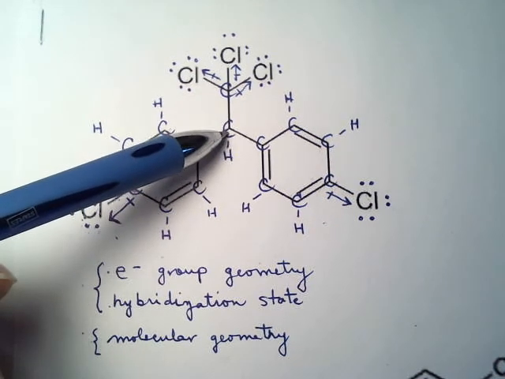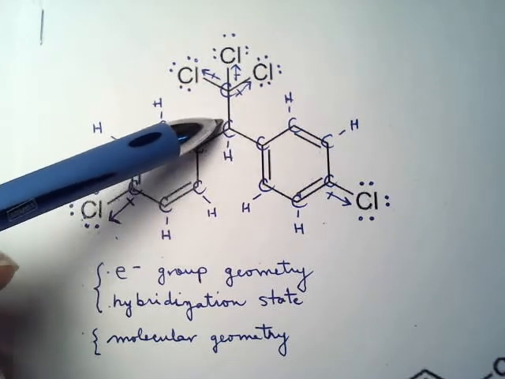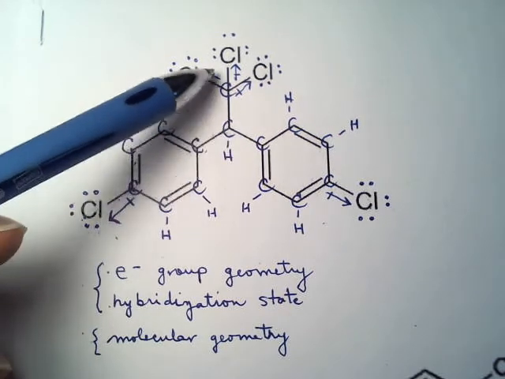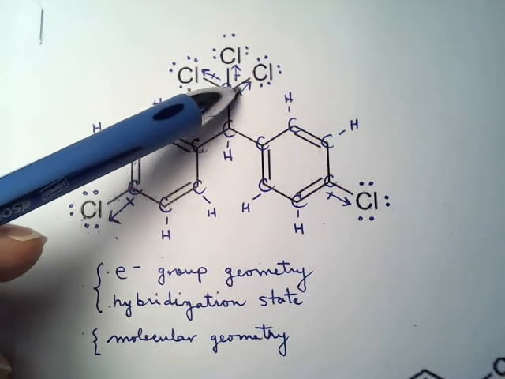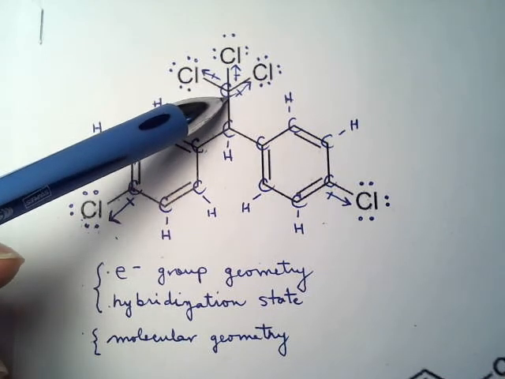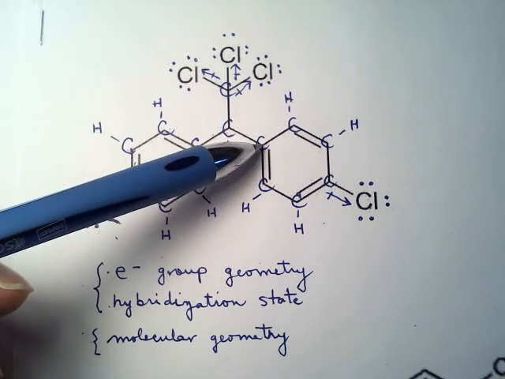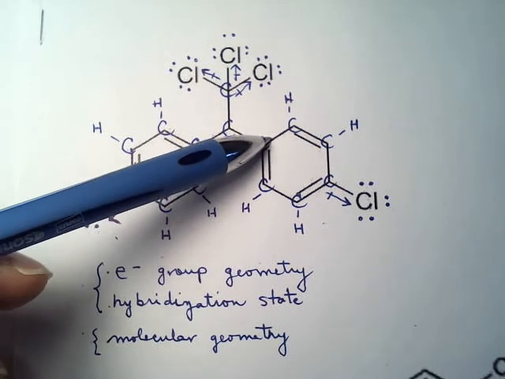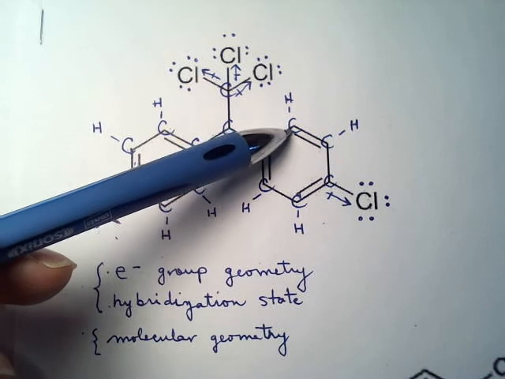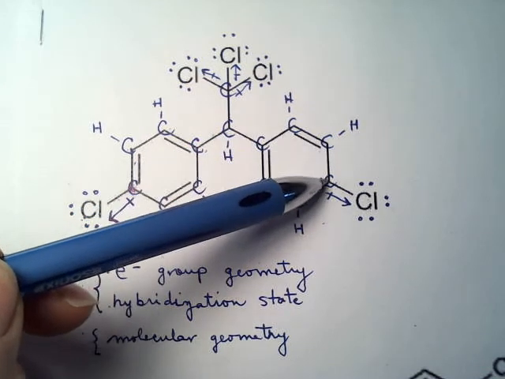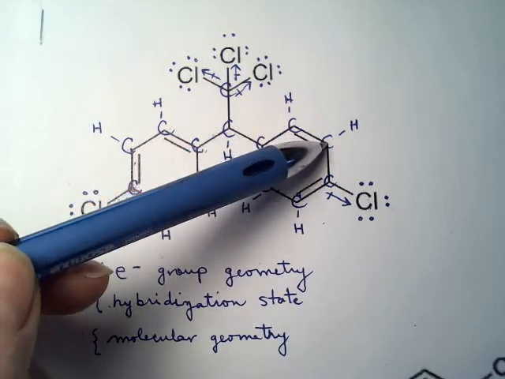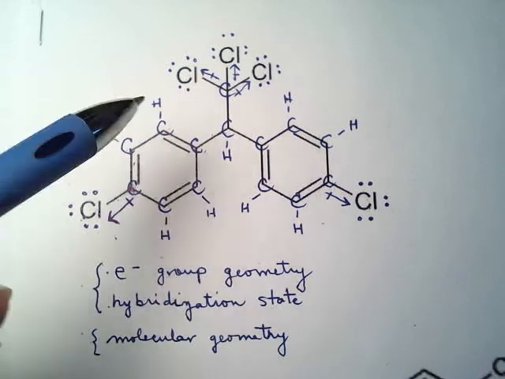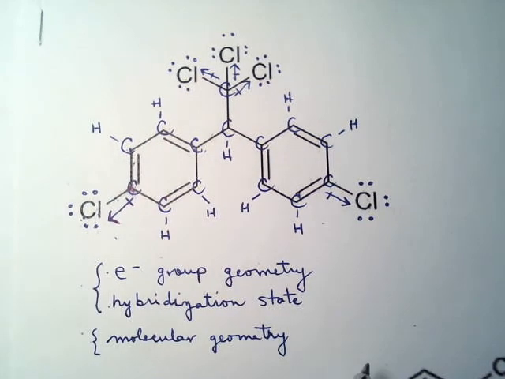This carbon, tetrahedral, sp3. Tetrahedral, sp3. Back to the plane. Trigonal planar, sp2. Same, same, same. That's it. The chlorines are not central.